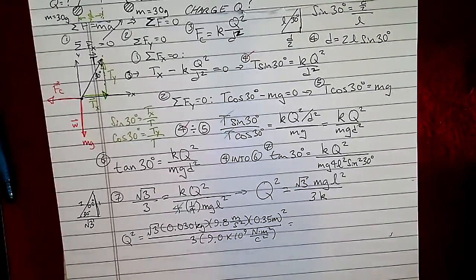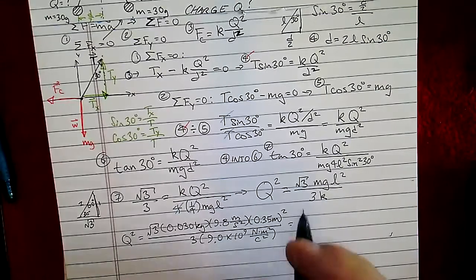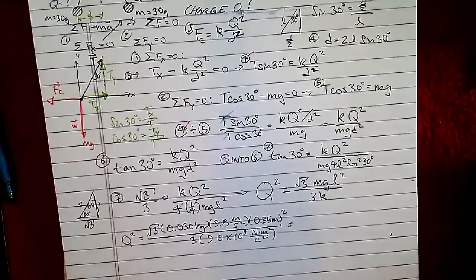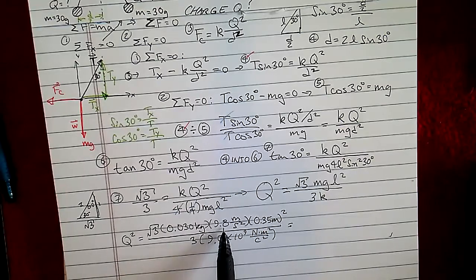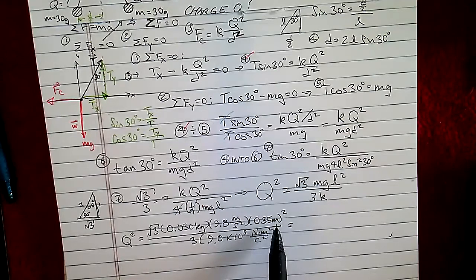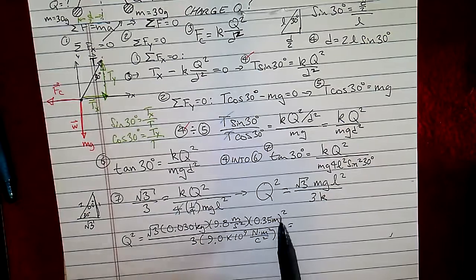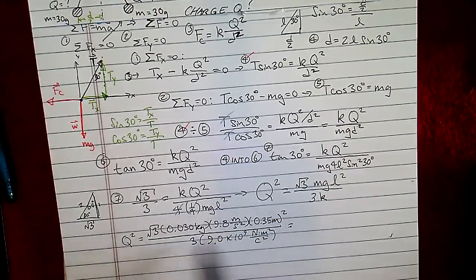So I should be able to compute q squared, and I'll do so as follows. I will do square root of 3 times 0.03 times 9.8 times 0.35 times 0.35, and that gives me 0.06238 for the numerator.